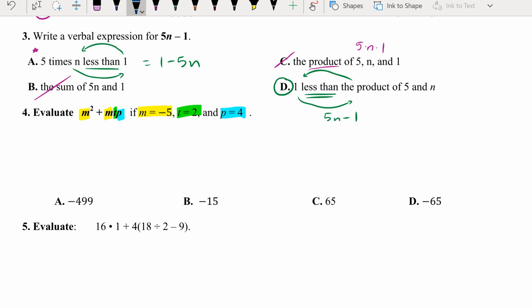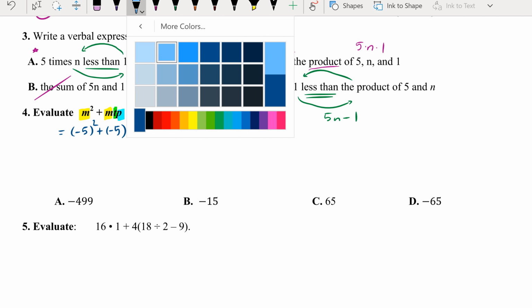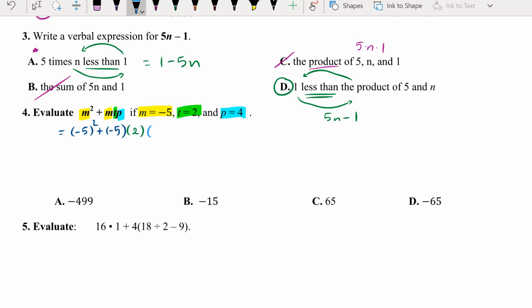Okay, so our expression is going to look like this. M is negative 5 squared plus negative 5, t is 2, and p is 4.